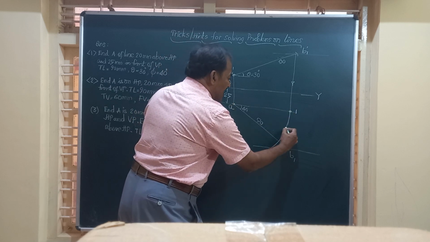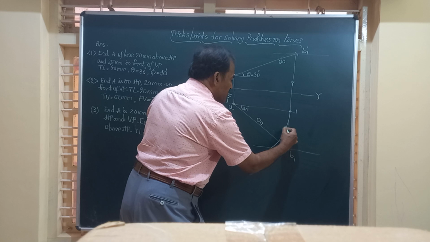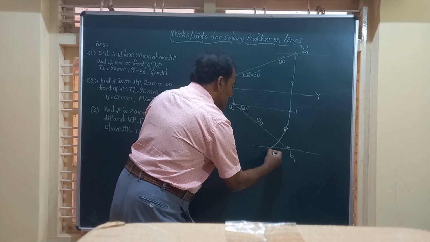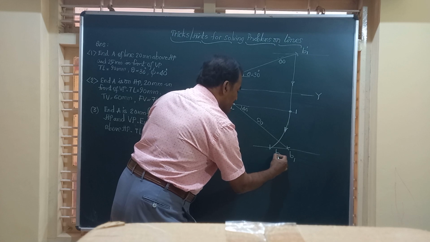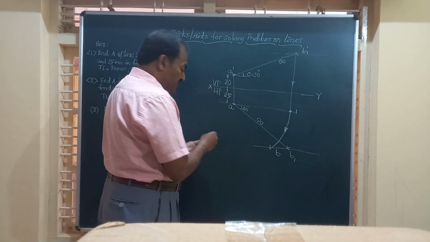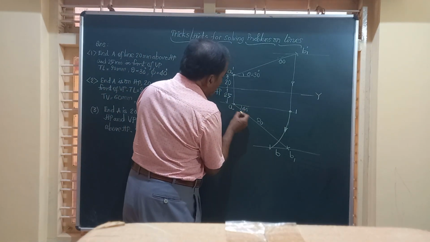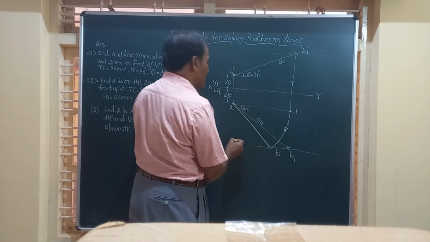Friends, this arc is going to meet the locus of B in the top view at point B. Friends, if you join A and B, you will get the top view of the line AB. So this is the top view.